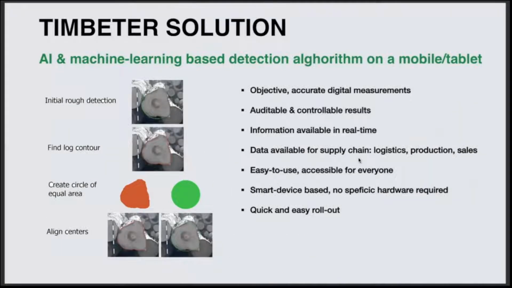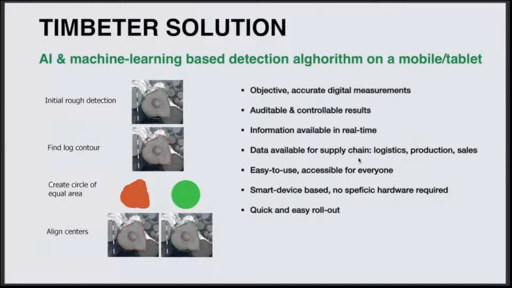I would like to introduce you a bit to the detection machine behind Timbeter. It is artificial intelligence and machine learning based on our detection algorithm that has been learning through hundreds of thousands of measurements. Thanks to that, we can provide error margins from 1.5% down to 0.5%.